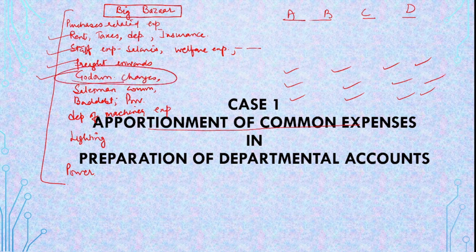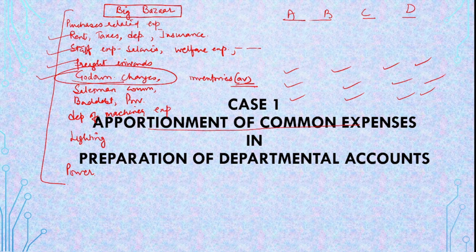Why do you need a godown? Just think of it. You need a godown to store the inventories, right? So you are having inventories of A, B, C, D, all departments. It means godown charges are there because of inventories. So don't you think that inventories or average inventory will be a suitable basis for distributing godown charges?